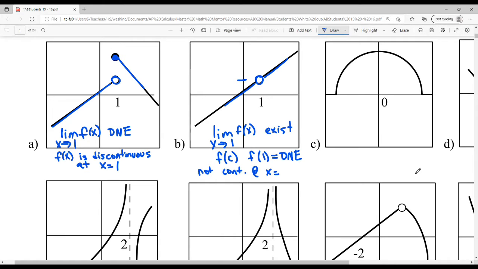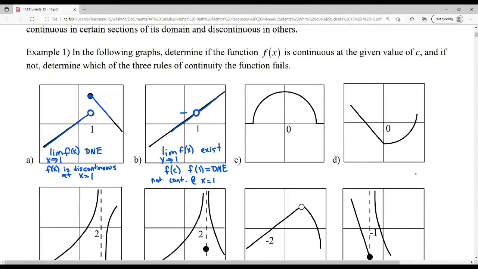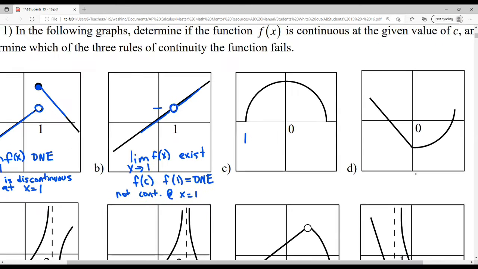Looking at part C, does the limit as x approaches 0 of f of x exist? The answer to that is yes, because here is our value. It's going to be approaching the same from the left and right, so that does exist. Does f of 0 exist? The answer to that is yes.